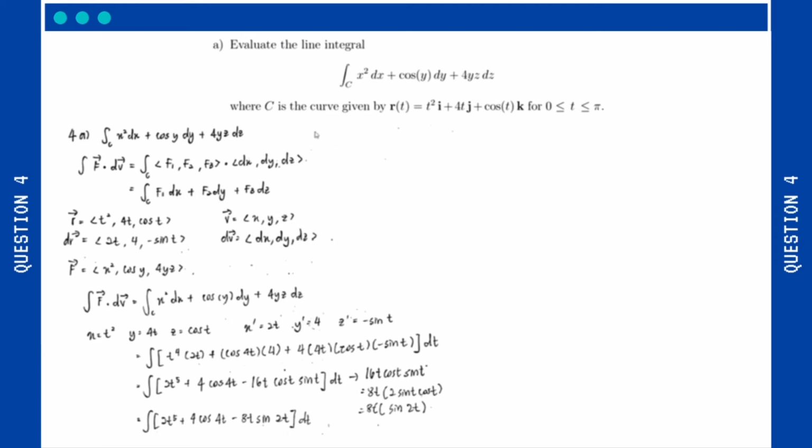So the question gives r(t), so we can find r, which is t squared, 4t and cos t. So dr is actually the differentiation of r, so dr is equal to 2t, 4 and negative sin t.